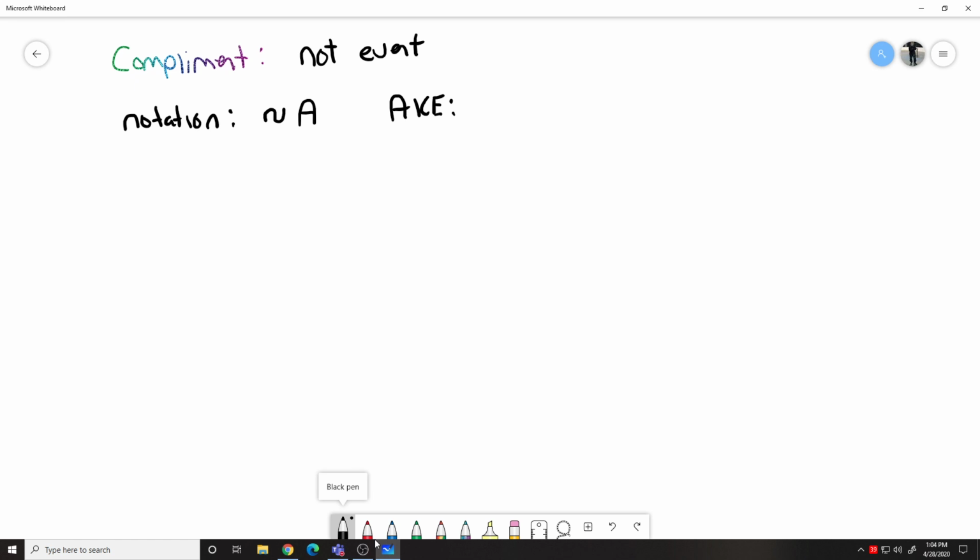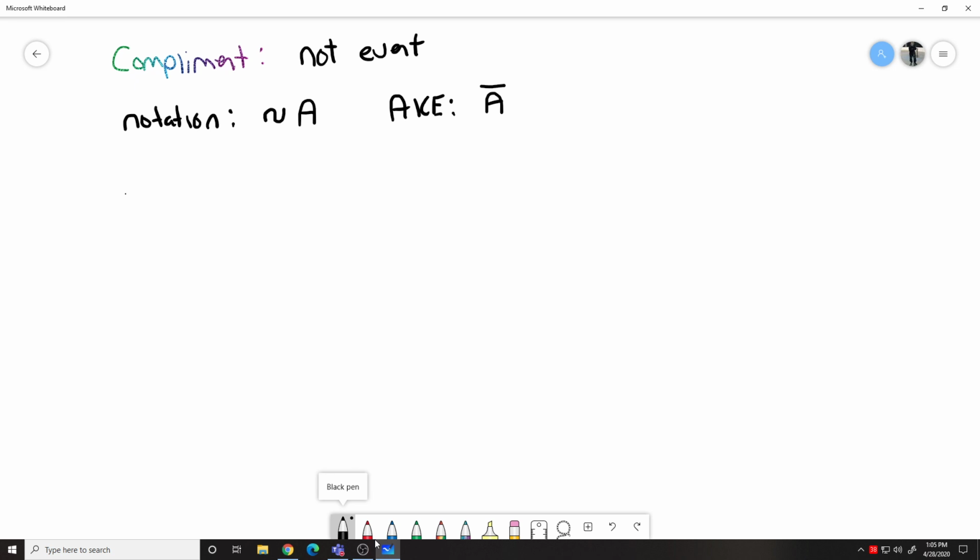They don't put the little squiggly line, they would just draw a line over the top of whatever it is. So you have to be aware of both notations. The British notation or the ACE way of doing it is they put a line on the top. Otherwise, the American way of writing it would be the squiggly line with an A. They both mean the same thing, just different ways of notation. But you'd be aware of that because we are going to be using the ACE textbook for a lot of the stuff.